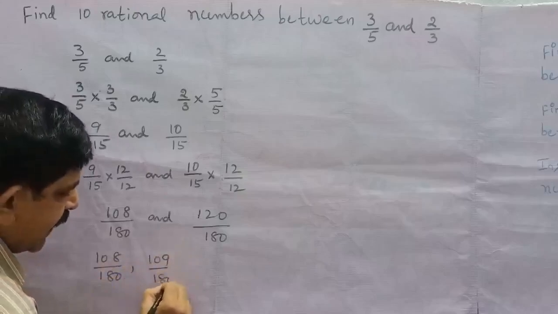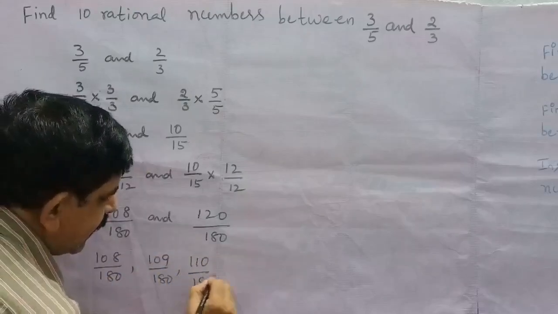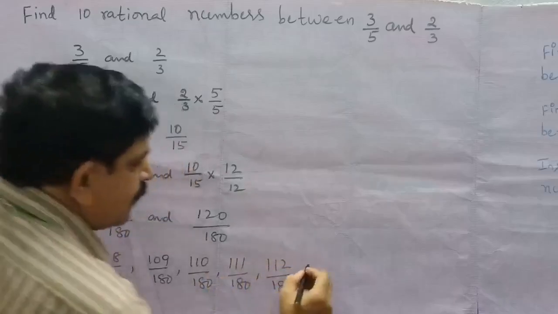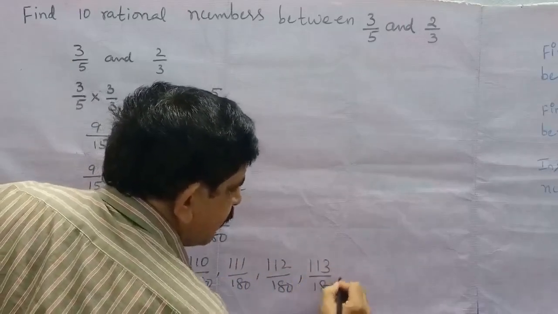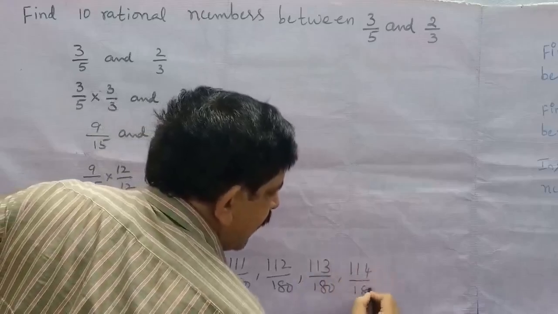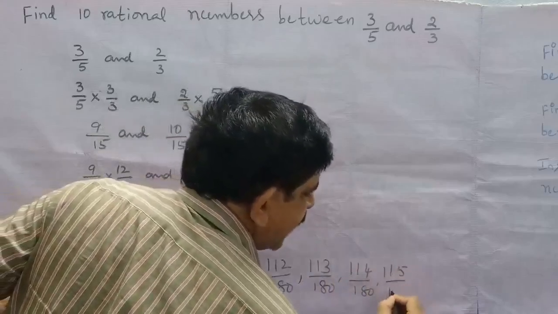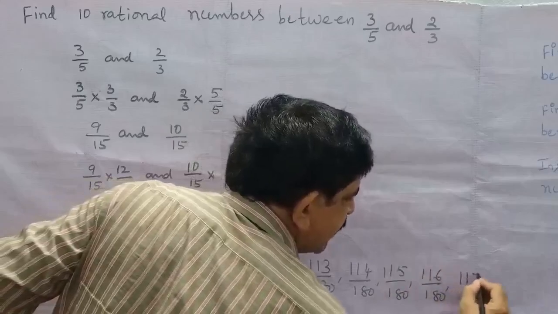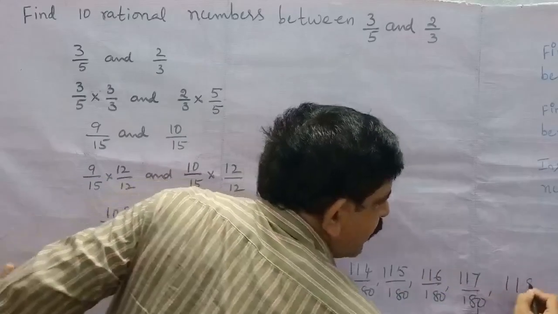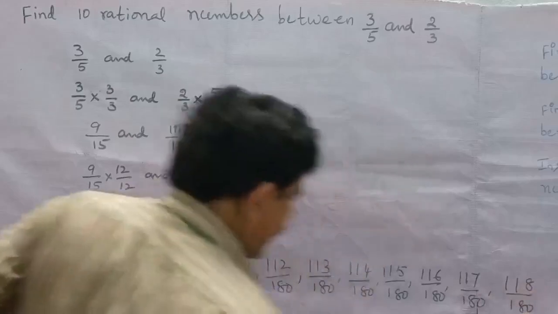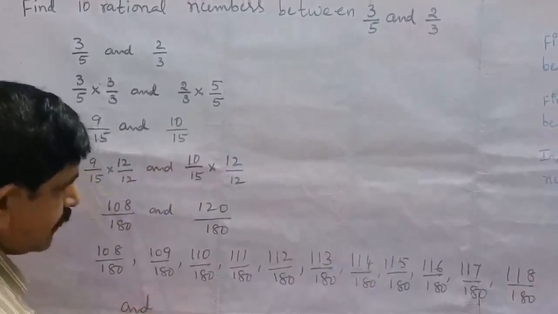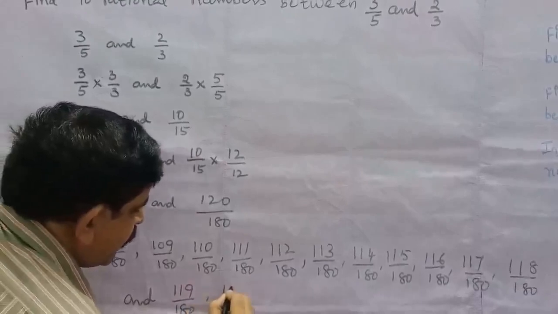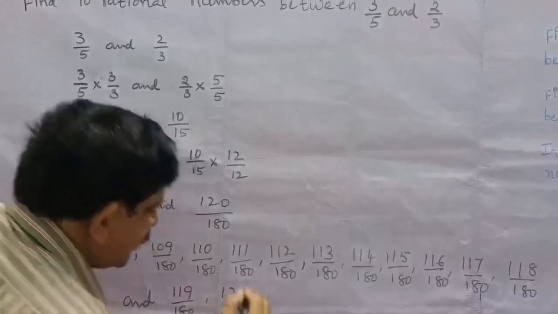Now we can write the rational numbers between these two: 108 by 180, 109 by 180, 110 by 180, 111 by 180, 112 by 180, 113 by 180, 114 by 180, 115 by 180, 116 by 180, 117 by 180, 118 by 180, 119 by 180, 120 by 180.